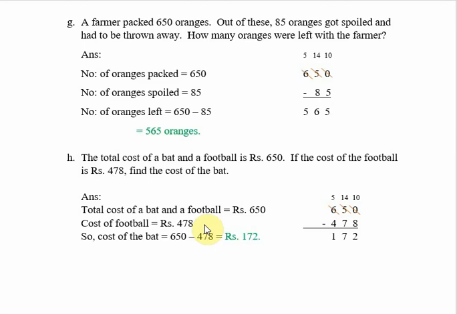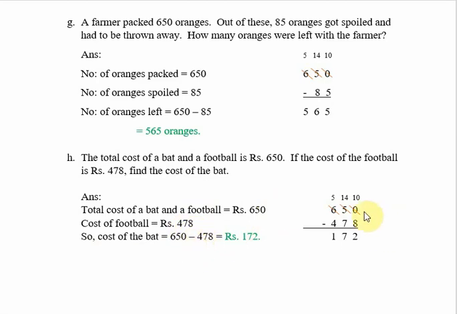So, together bat and football will cost 650, and football alone will cost rupees 478. We are asked to find the cost of the bat. In order to find the cost of the bat, what do we have to do? We have to find the difference of these amounts. Otherwise, total cost minus the cost of the football. So, the total cost is 650 minus the cost of the football, 478.